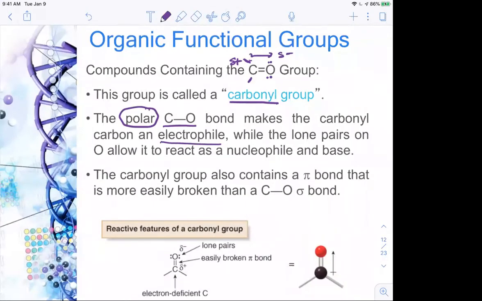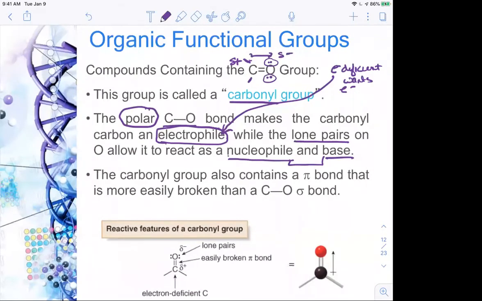That means the carbon is an electrophile, which basically just means it's electron deficient. It wants electrons, so it can react with nucleophiles. I have a lone pair here and here. That can allow it to react as a nucleophile and a base because of that lone pair.